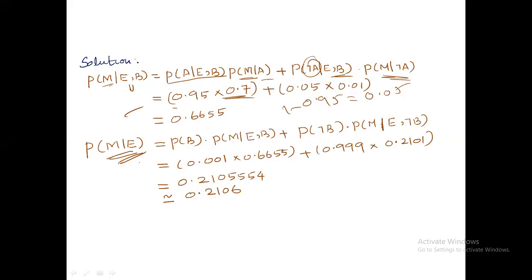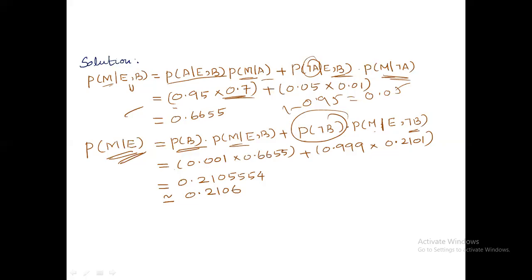And we got Mary calls given E comma B. Otherwise, we need Mary calls when the earthquake occurred. We do not know whether burglary had happened or not, so we have to include both cases. That is why we write probability of B into probability of M given E comma B, plus probability of B bar into probability of M given E comma B bar.